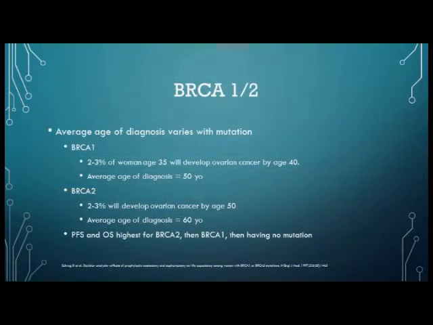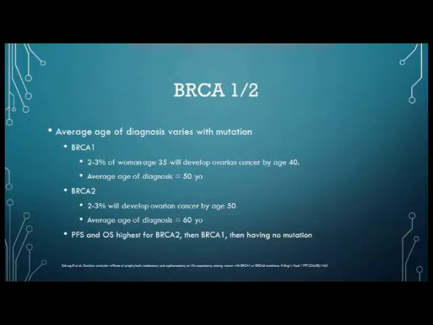So the two mutations have differing ages of average diagnosis. With BRCA1, there's pretty minimal risk before 35, but from 35 to 40, about 2 to 3% of people will develop ovarian cancer with this mutation. The overall average age is 50.